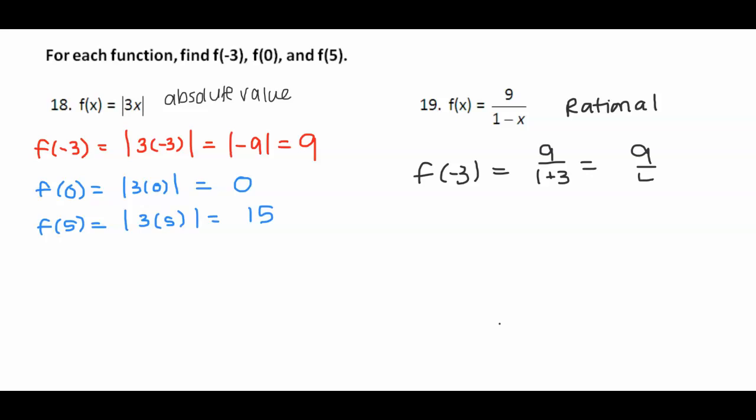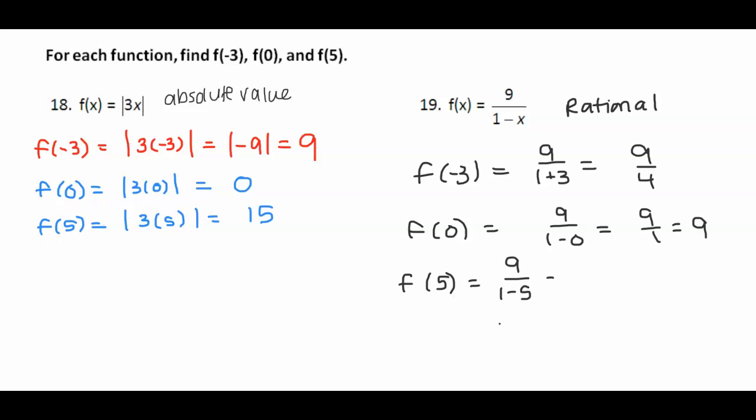So you get 9/4. 9 over 1 minus 0 is like 9 over 1, which is 9. And 5, 1 minus 5, so you get 9 over negative 4.